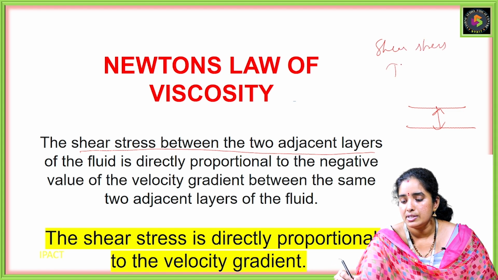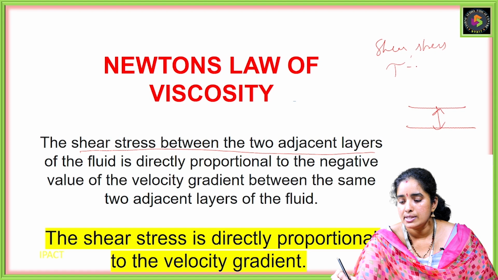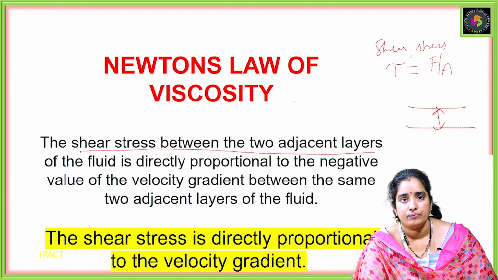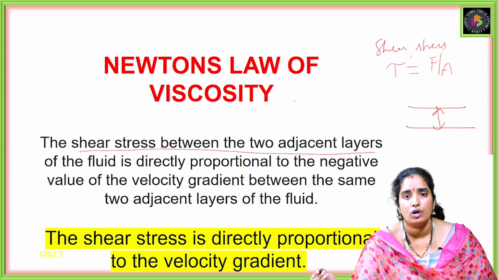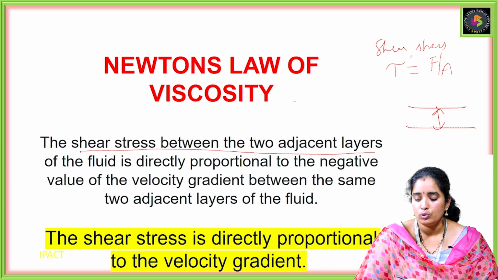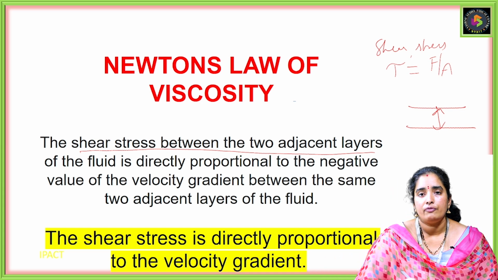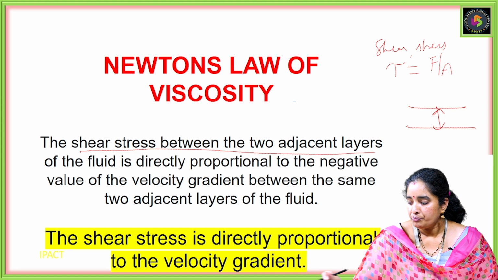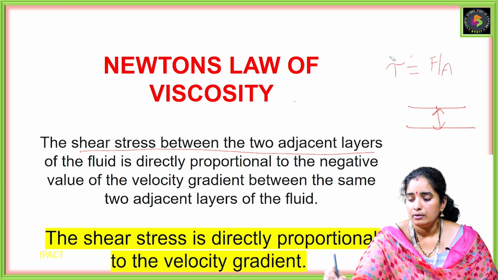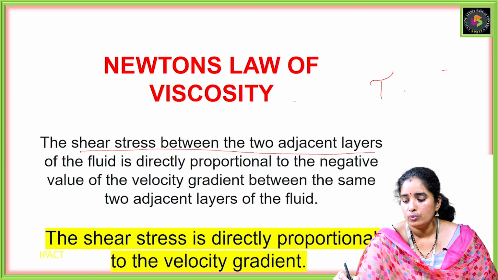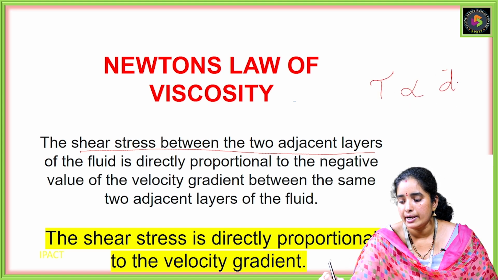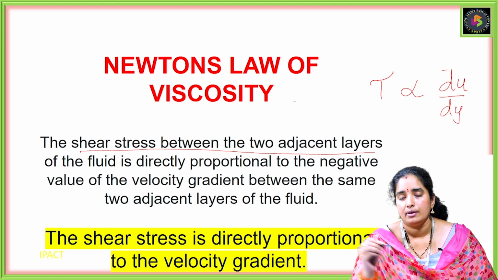You know that shear stress is represented as tau, which is the ratio of force per unit area. For the given area, how much force you are giving, based on that, how the velocity gradient changes. According to the definition of Newton's law of viscosity, we can write tau is proportional to the velocity gradient du by dy.